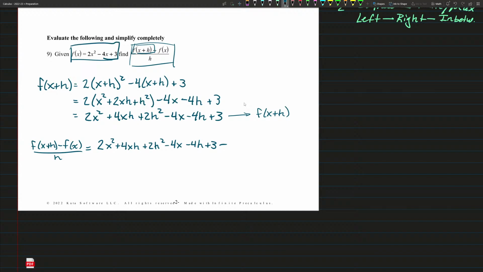If we're subtracting all that, we are subtracting 2x squared. We're subtracting negative 4x, so we're adding 4x. And we're subtracting positive 3. And all of this is going to be over h.